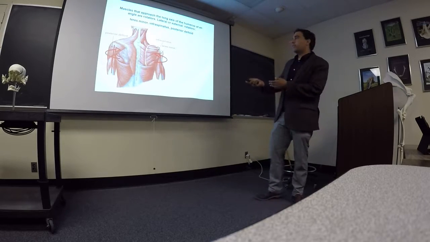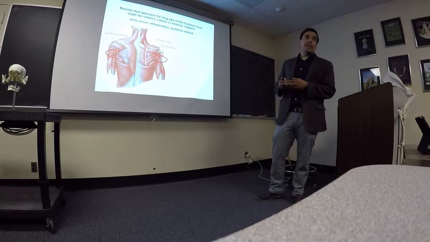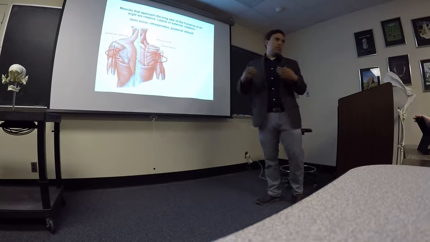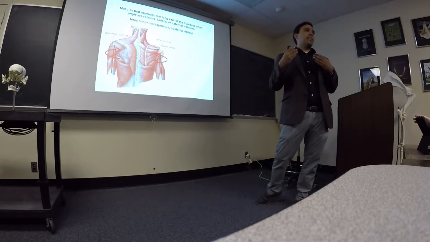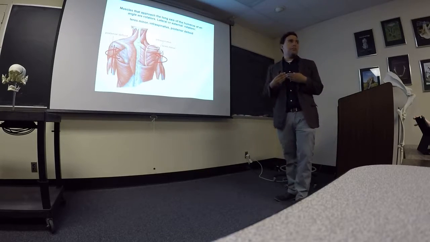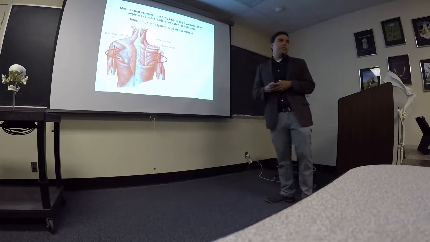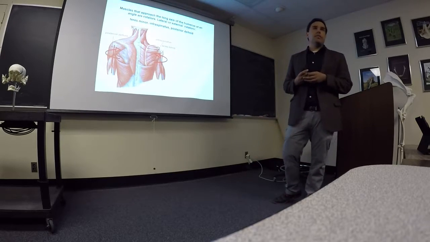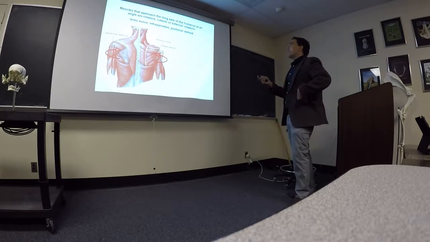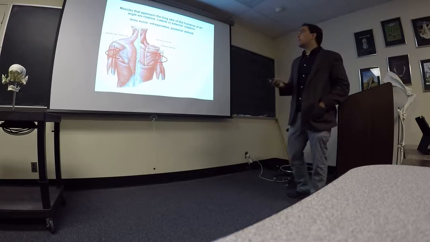So these are the ones that are attaching posteriorly at an angle, lateral or external rotators. When you think lateral rotators, think posterior muscles at an angle. Infraspinatus, teres minor, these are rotator cuff muscles, and also the posterior deltoid can contribute to some of this. External or lateral rotation, same term.